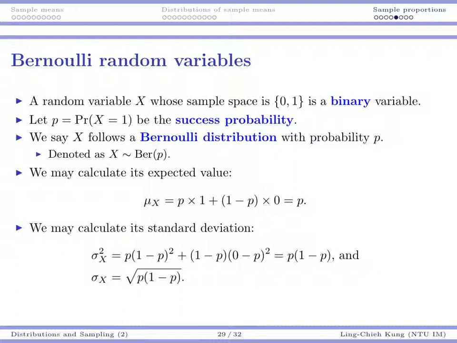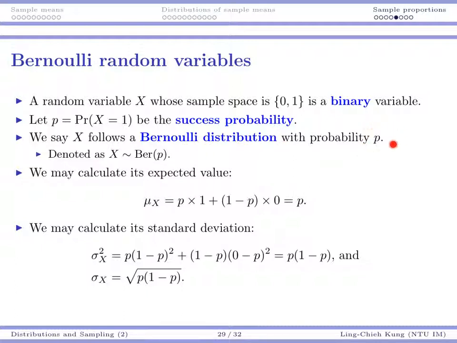Because you only have two possibilities, 1 and 0. The total values are there, and the sum of them are 1. So if you randomly pick one, the probability for you to get 1 is just the population proportion. In that case, we say capital X follows a Bernoulli distribution with probability P.